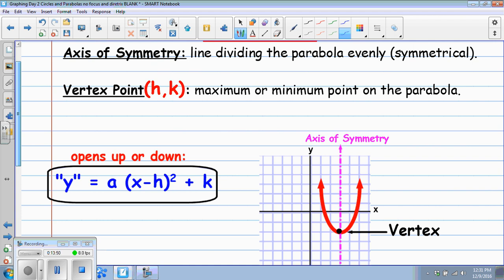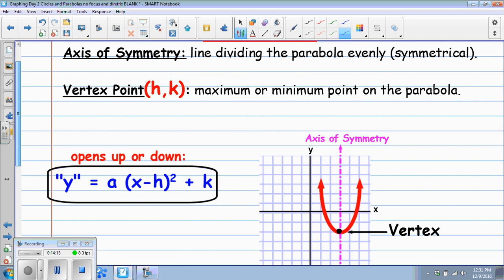What we haven't dealt with yet is parabolas that open left or right. The way that you distinguish between the two is if the equation is y equals, your y-axis goes up or down, that means your parabola either opens up or down.